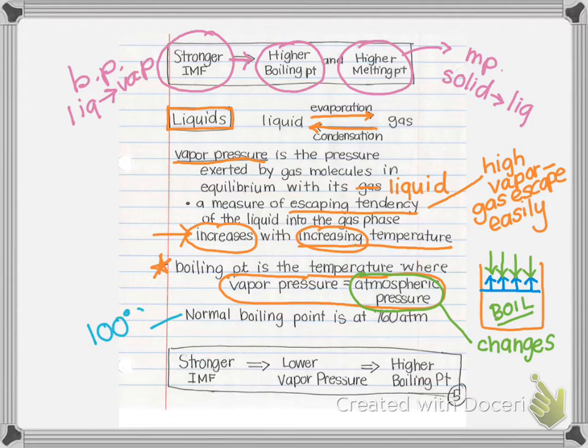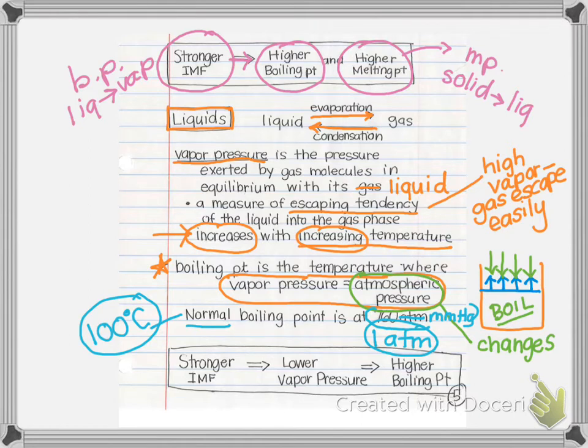That is the normal boiling point of water, which occurs at 760 millimeters of mercury, or 1 atmosphere, which is atmospheric pressure at sea level. So here at 1 atmosphere, we would expect our water to boil right around 100 degrees. If you go higher in elevation, like somewhere like Denver, your water actually boils at a lower temperature because the atmospheric pressure is lower.